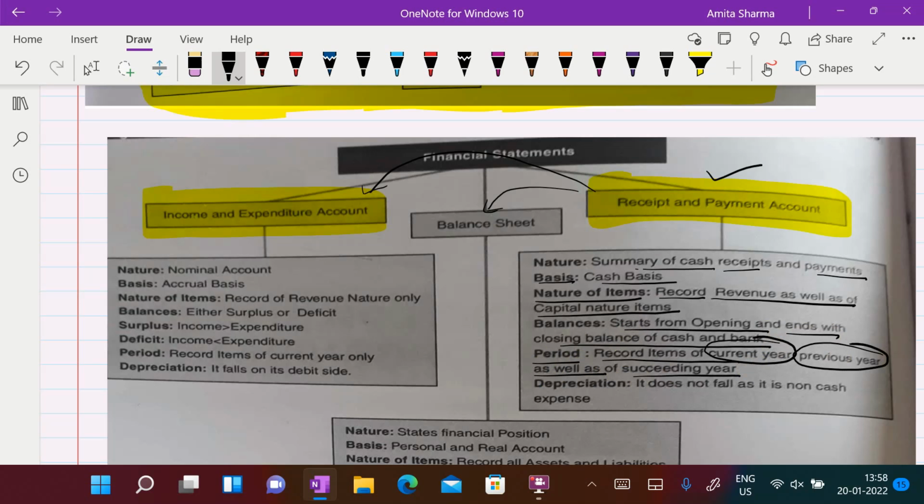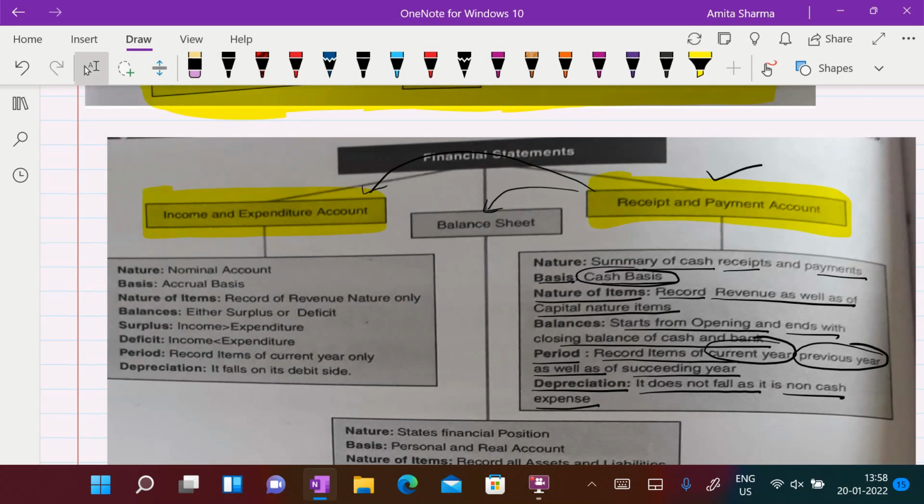And next, depreciation. Depreciation does not appear because it is a non cash expense. It does not entertain depreciation, because it records only cash related items. Cash is coming, cash is going, purely on cash basis, and it ignores all non cash expenses. Okay.